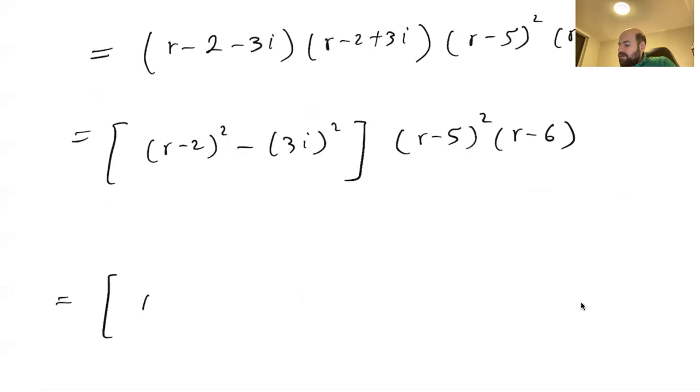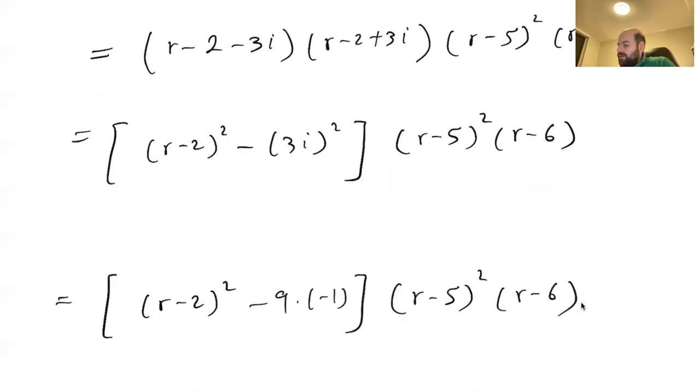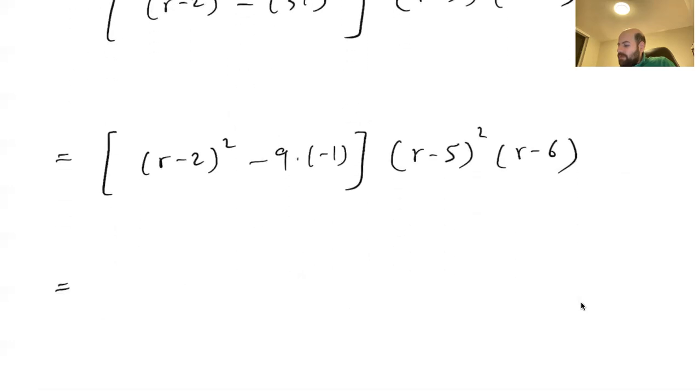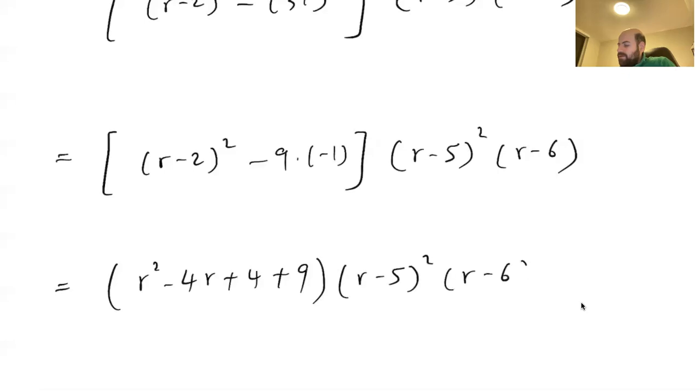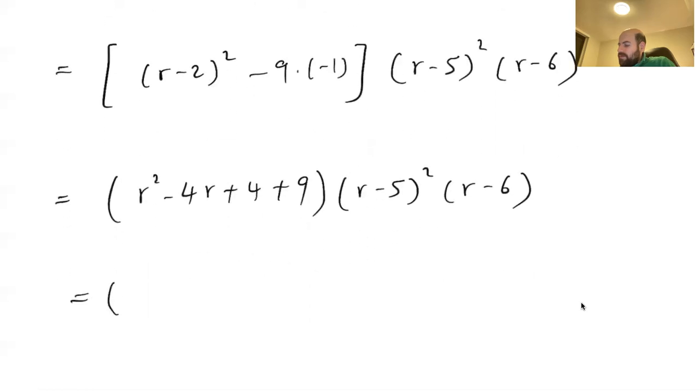And then this is r minus 2 the whole squared minus 9i squared. i squared is minus 1, so minus 9 times minus 1. Then r minus 5 the whole squared times r minus 6. And then this is r squared minus 4r plus 4 plus 9, r minus 5 the whole squared, r minus 6. Which is r squared minus 4r plus 13, r minus 5 the whole squared, r minus 6.